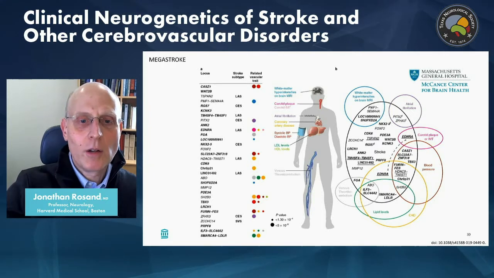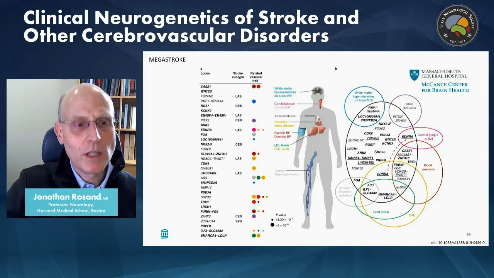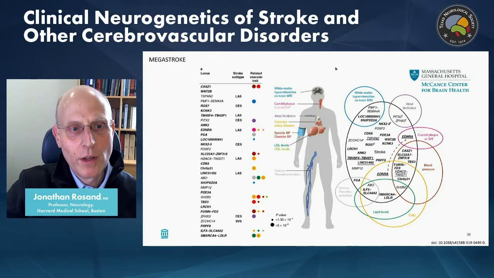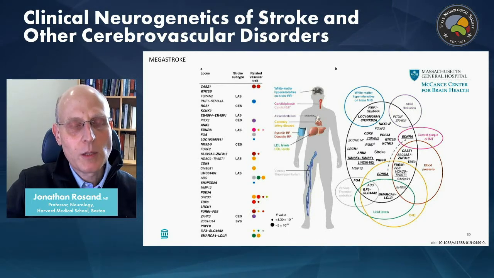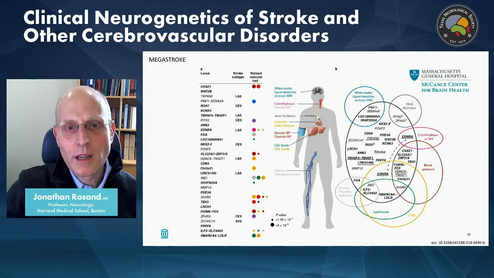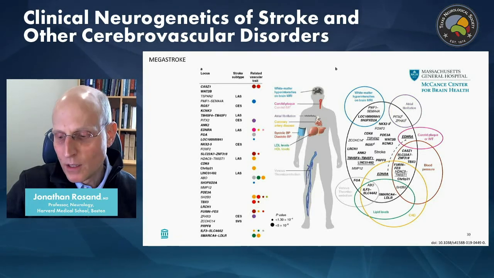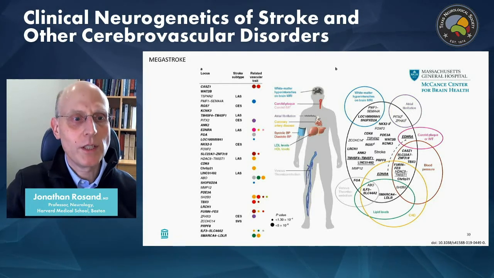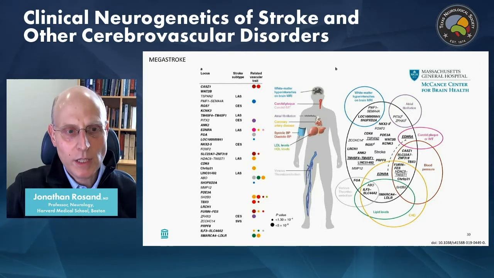And then there are quite a few that are only so far associated with ischemic stroke. But this is reassuring because certainly you would expect ultimately that loci associated with risk of atrial fibrillation ought to be associated with risk of ischemic stroke.